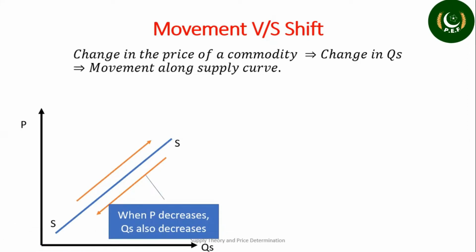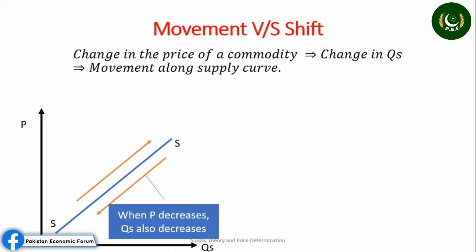That is, when the price of some commodity increases and that results in increasing its quantity supplied, the supply curve extends, and when price decreases, the quantity supplied also decreases, hence the supply curve contracts.